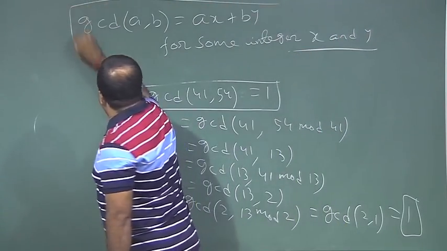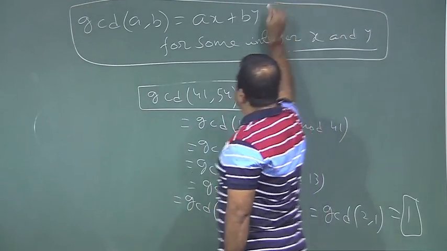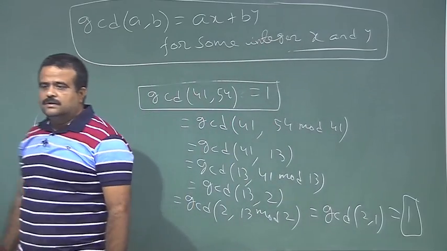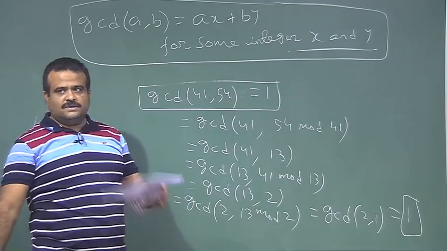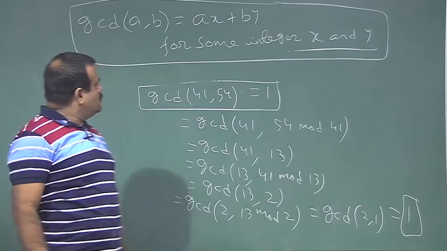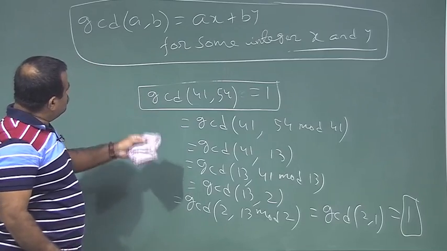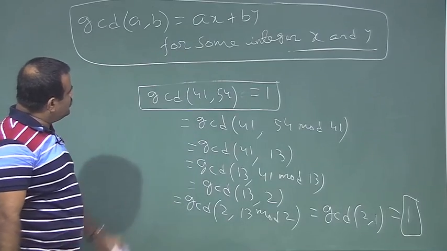We need to prove this, and this will give us the extended Euclidean algorithm. Now for this example, how to get this x, y?